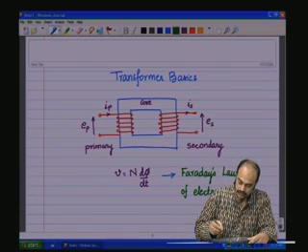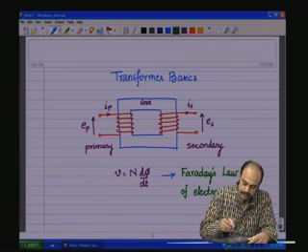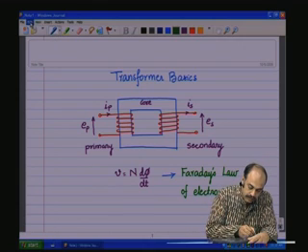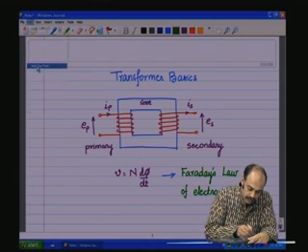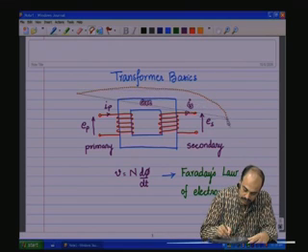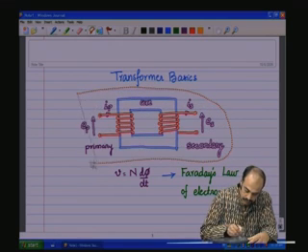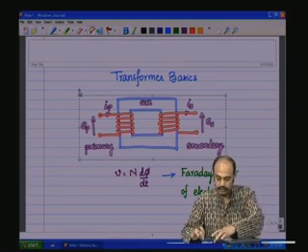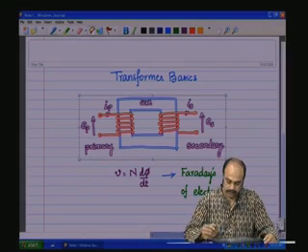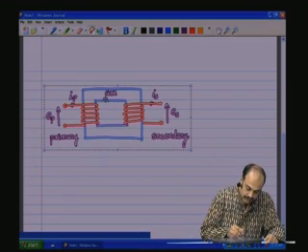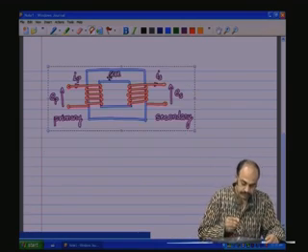Now, let us take this figure here. I have marked this figure. I am going to copy that, go to the next page, and we will paste that and then use this figure.